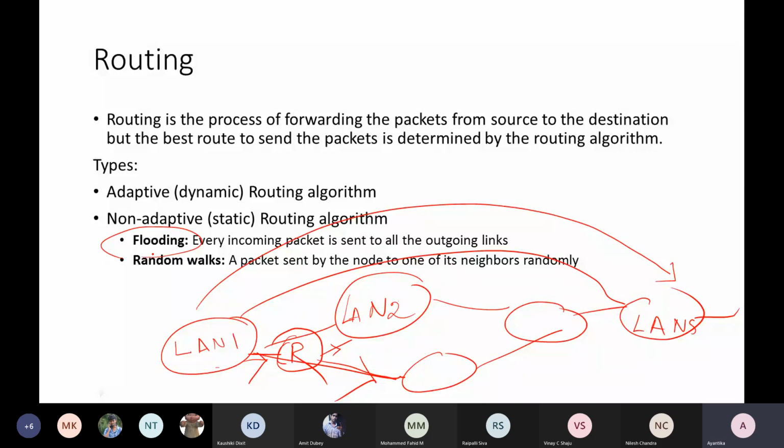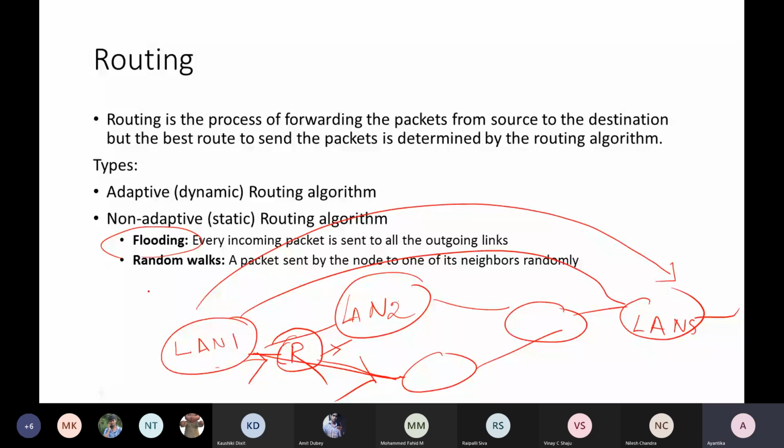Whenever you are trying to find a particular destination IP, let's flood the network with your packet, which contains the particular destination address. Each node will check whether it matches your destination address; it will accept, otherwise it will reject. In that way, somehow your packet will be delivered to the destination.